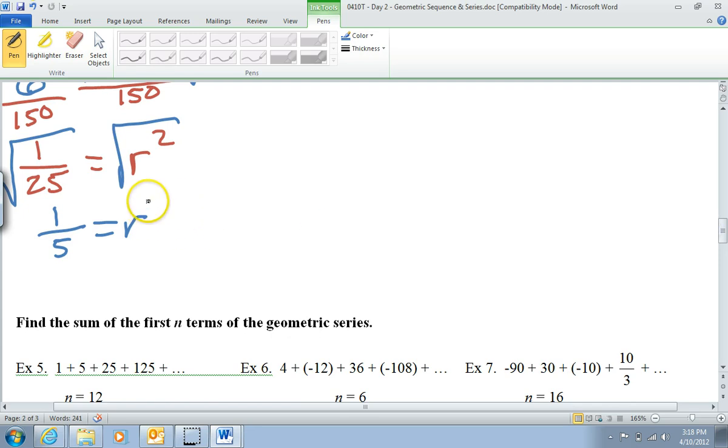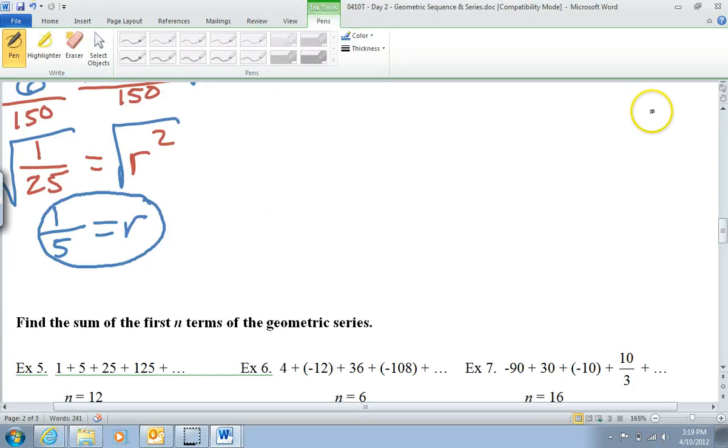Alright, so I have R now. So now I have both things that I need. Roshana, what are the two things that I need to make an equation of geometric? What are the two things that I need to find anytime I'm making a geometric equation? Ratio and A1. Those are the two things I need. I just found the ratio. I was given A1 at the beginning. So I can write the answer now, can't I?